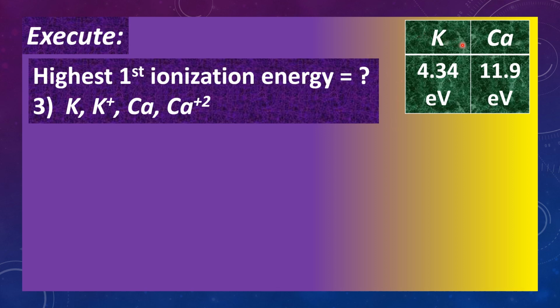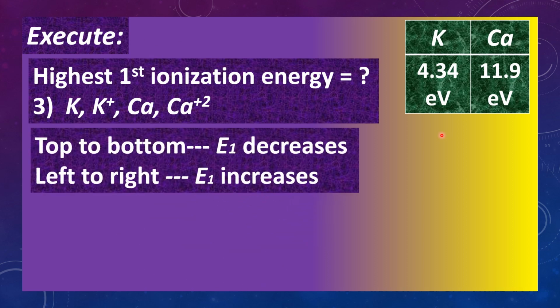According to the trend, we are expecting that calcium will have a greater first ionization energy compared to potassium. And upon verification, indeed, calcium has the greater first ionization energy, equal to 11.9 electron volts, as compared to that of potassium atom, which only has 4.34 electron volts.